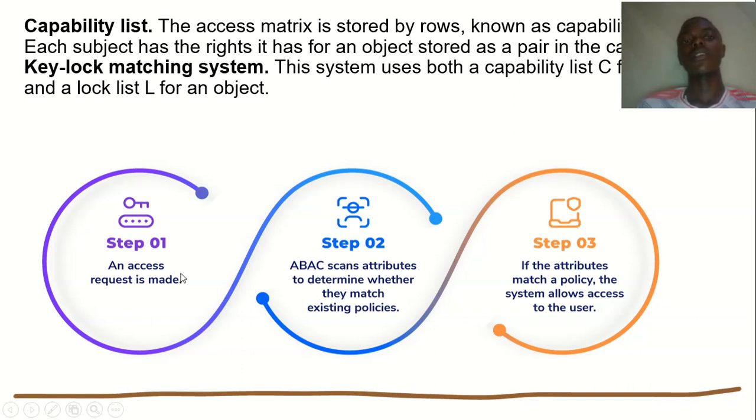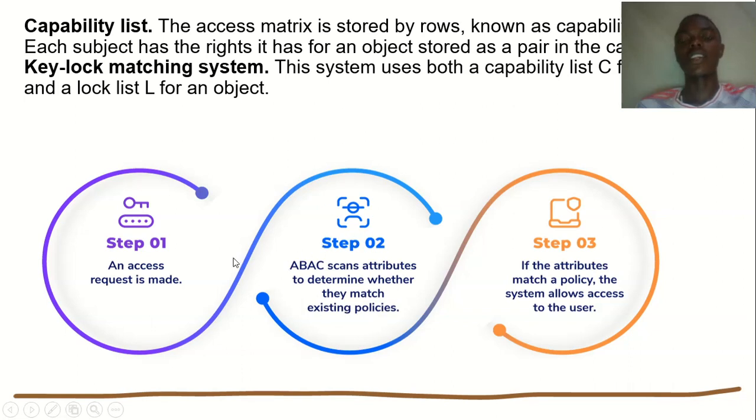These are the steps followed during memory protection, or one of the logics behind memory protection. Step 1, an access request is made. In step 2, the system scans the attributes to determine whether they match the existing policies.